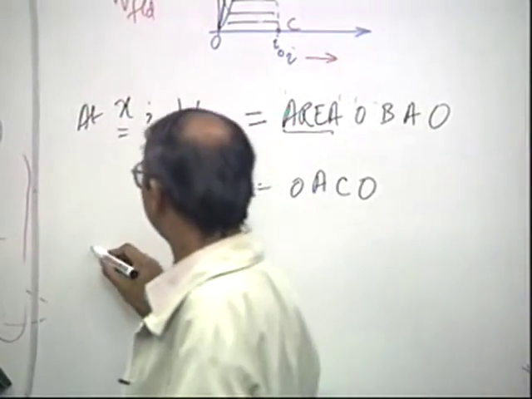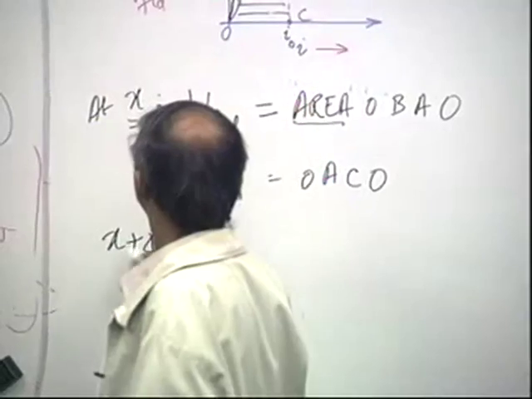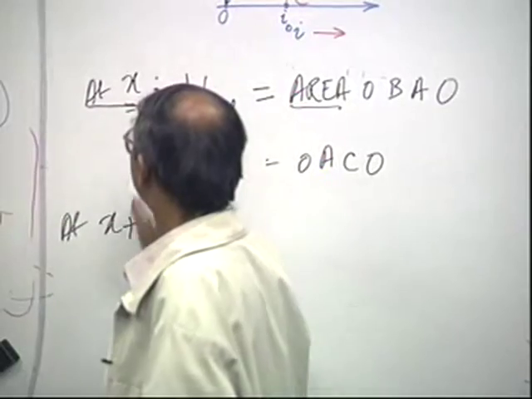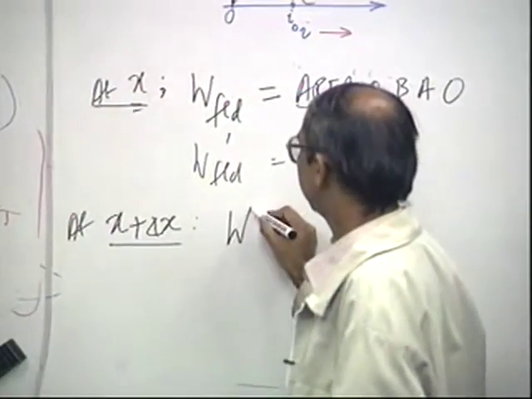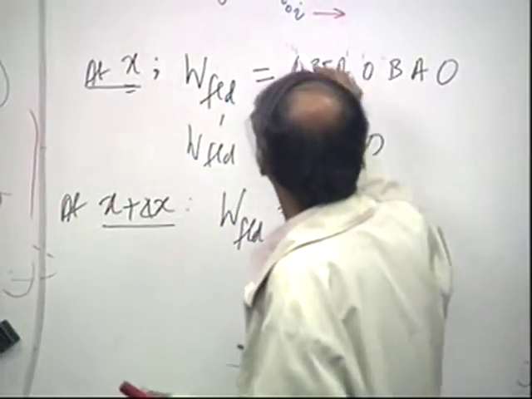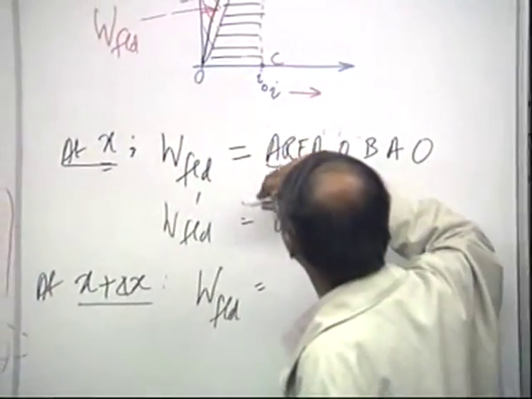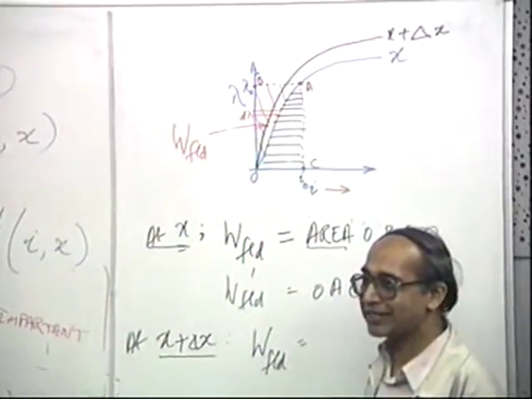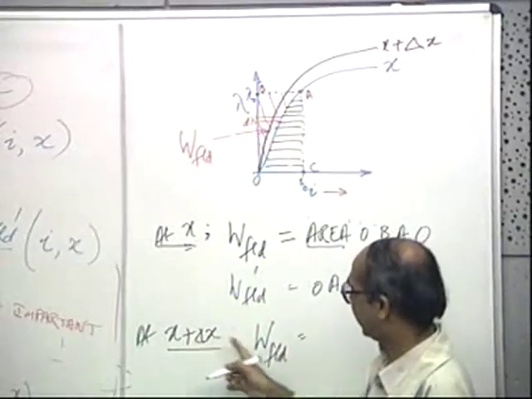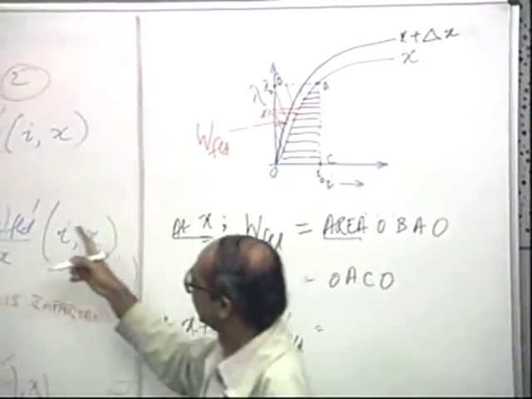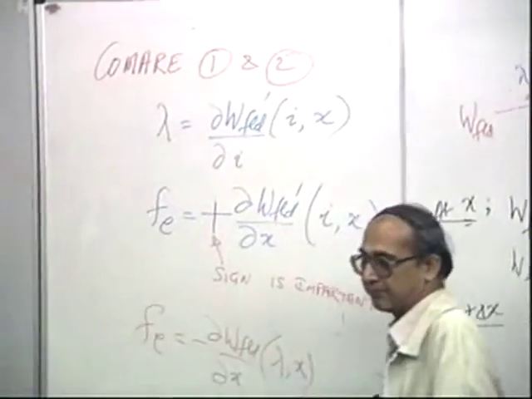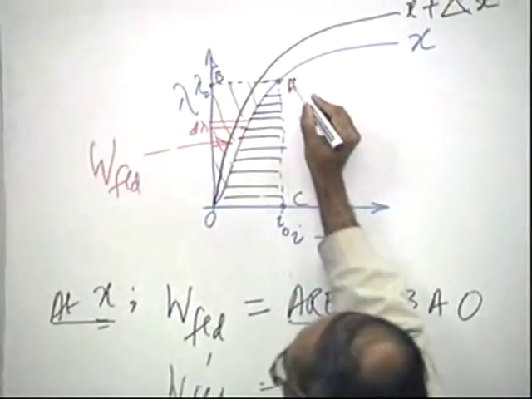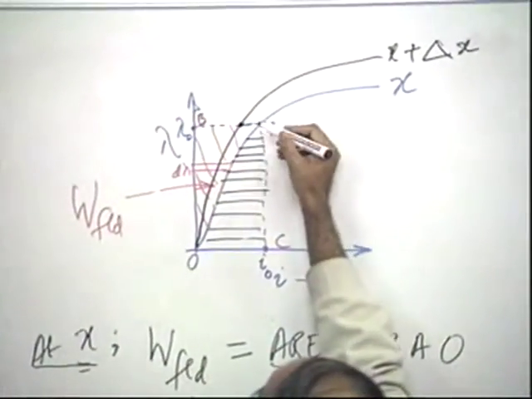Now at x plus delta x, this is at x, this is at x plus delta x. Now we are interested in an operation. We are trying to operate at constant lambda. If you are maintaining lambda constant, let us say this is some A dash.